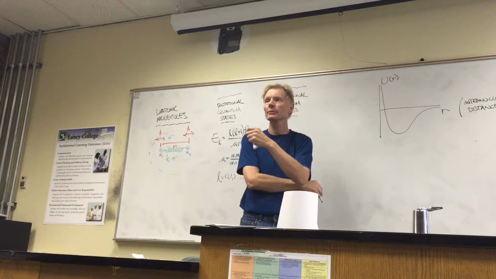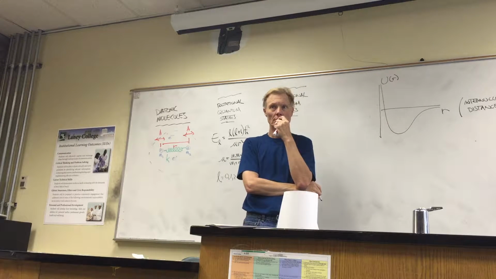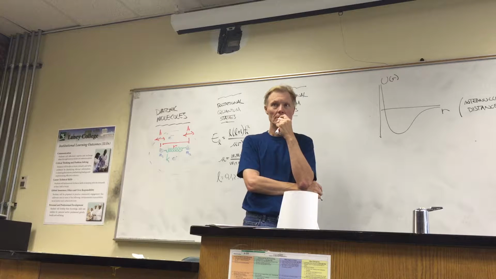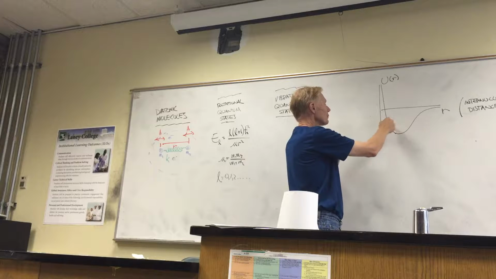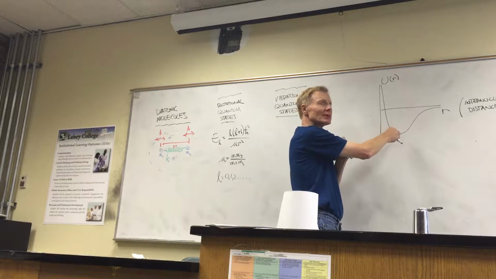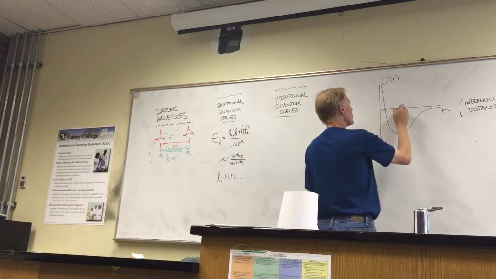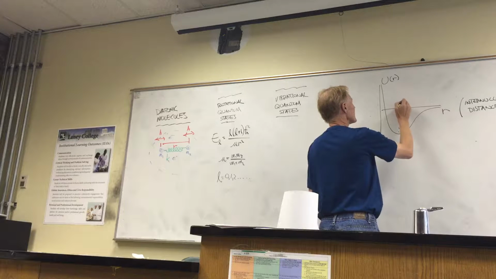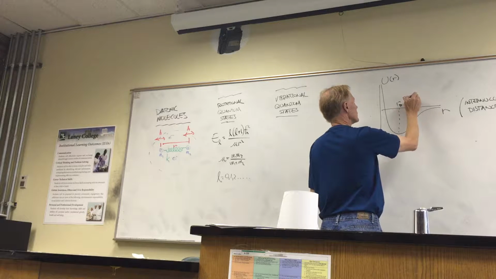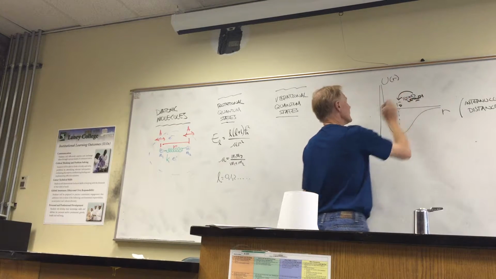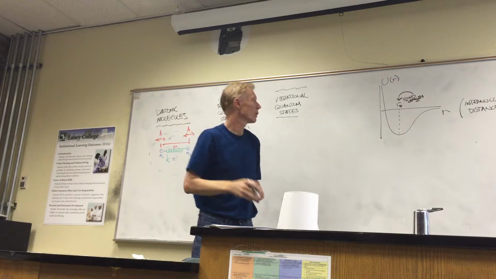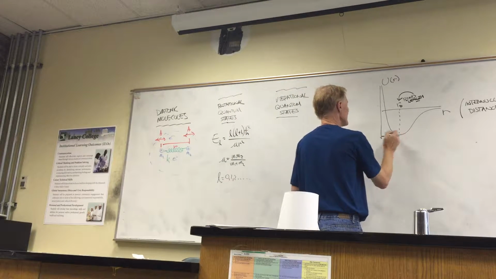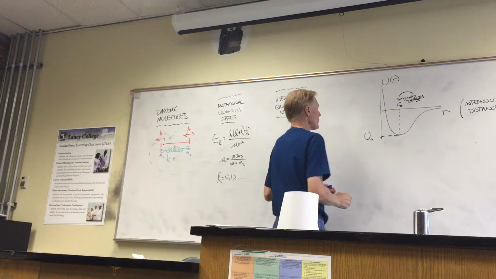Where's the equilibrium on here? Yeah, exactly. Equilibrium would be right there. So this is really the bond length here: the internuclear distance at equilibrium. All right. And then we said that this is the bond energy.